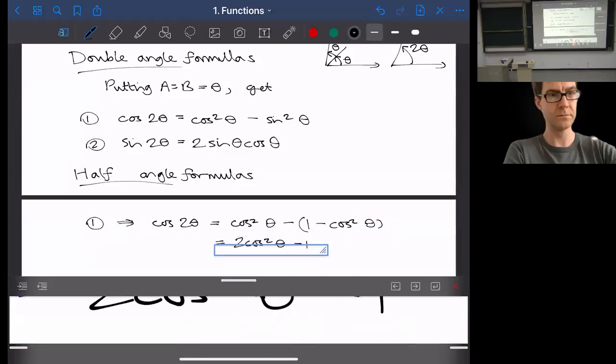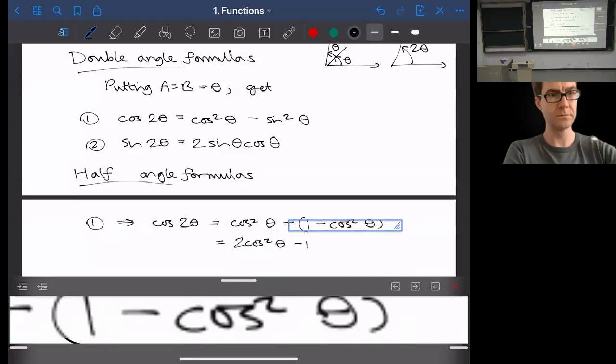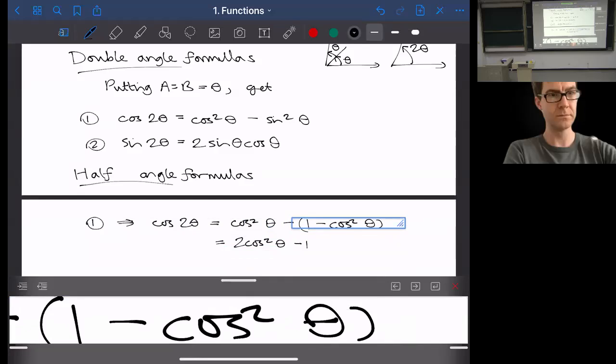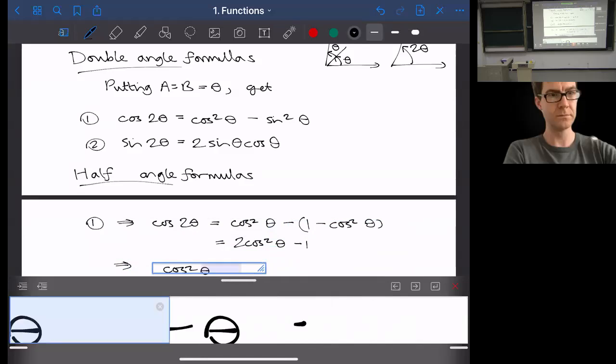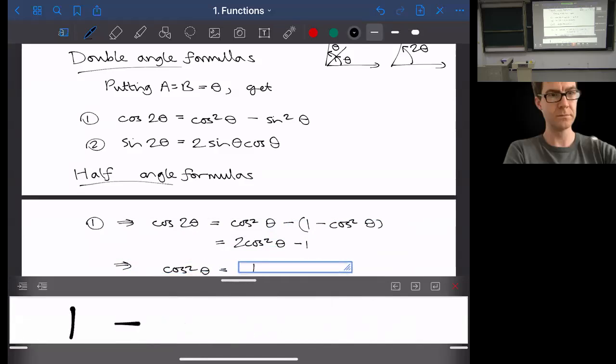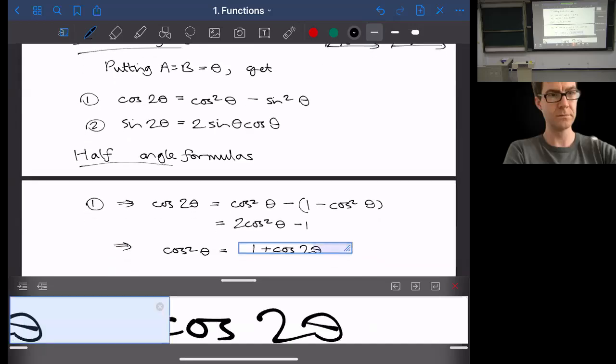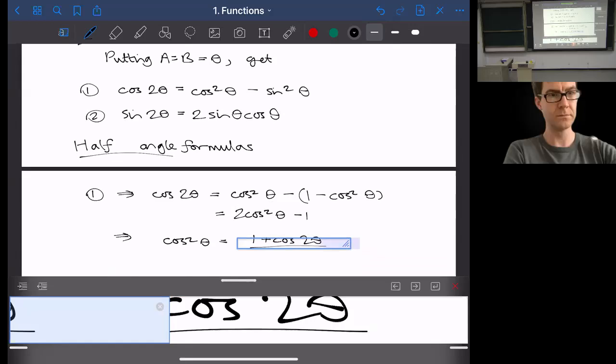Which of course simplifies. And that's using the identity we gave earlier. And that of course implies that cos squared theta is (1 + cos 2 theta) over 2.